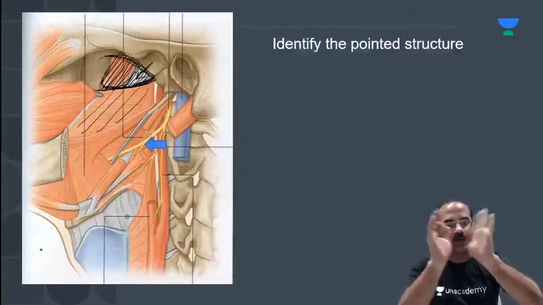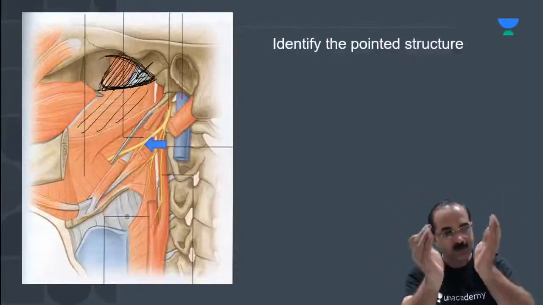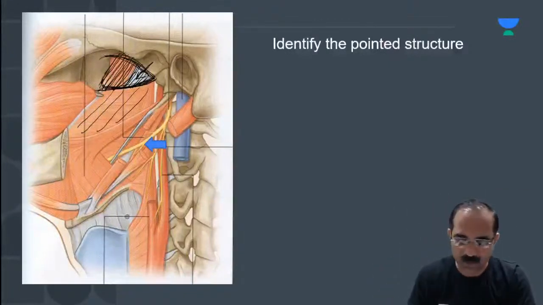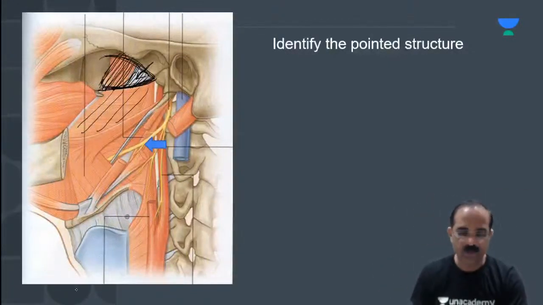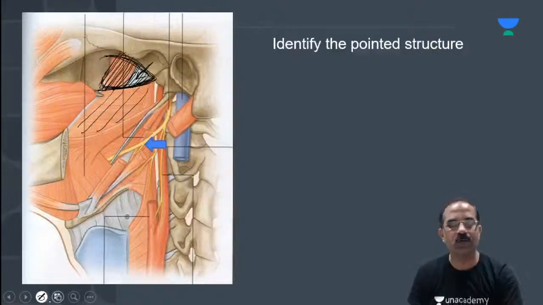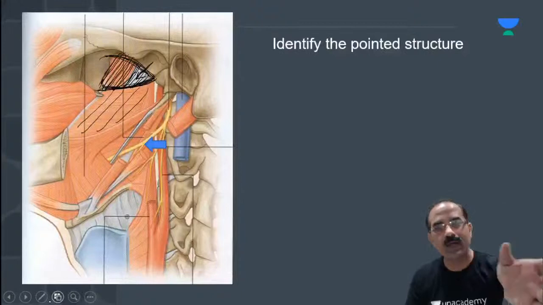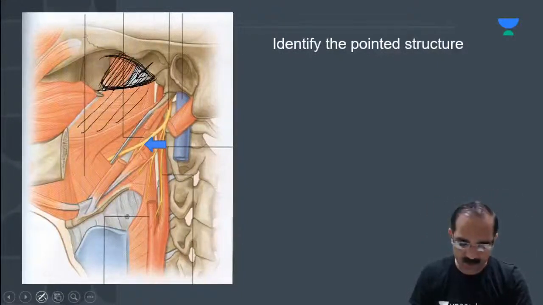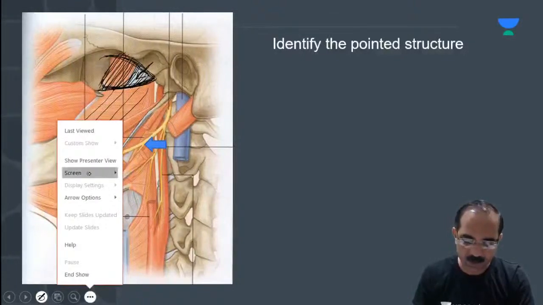Very good, Kirti. That's the foramen of Morgagni, and it is closed by the pharyngobasilar fascia.